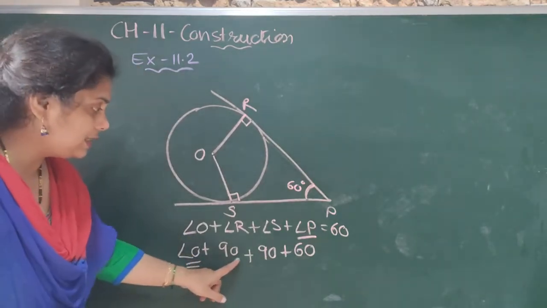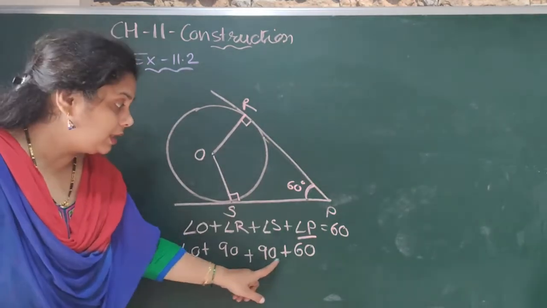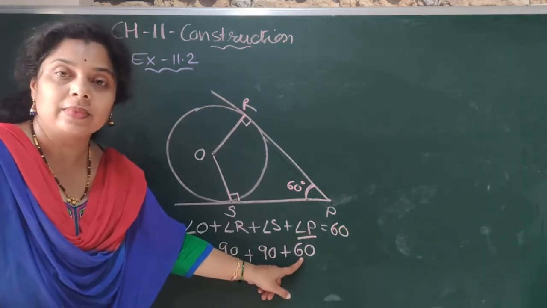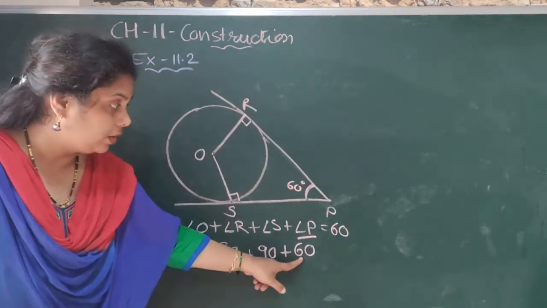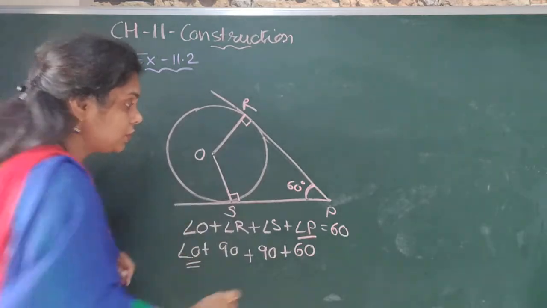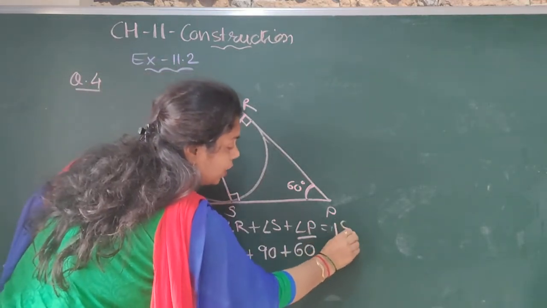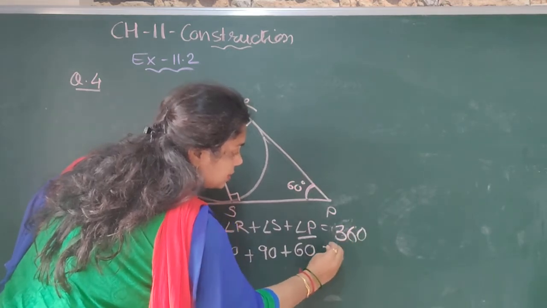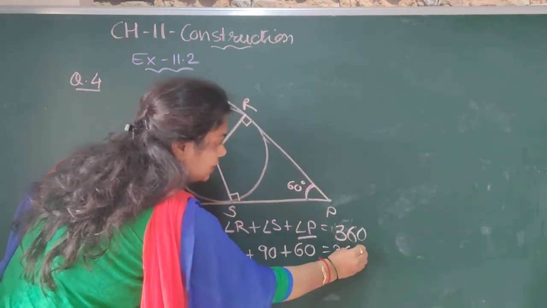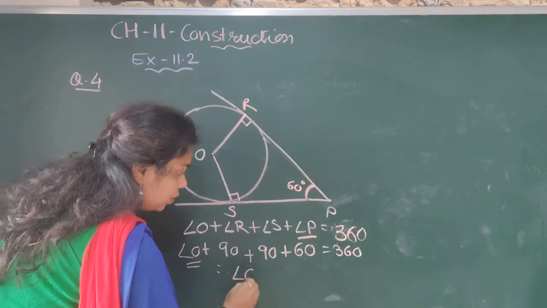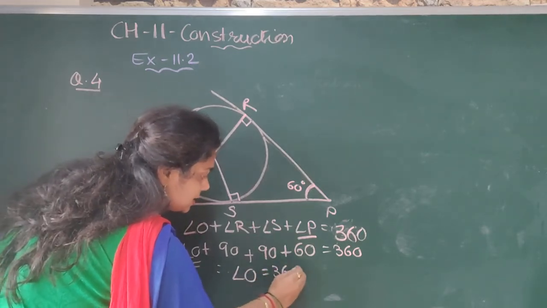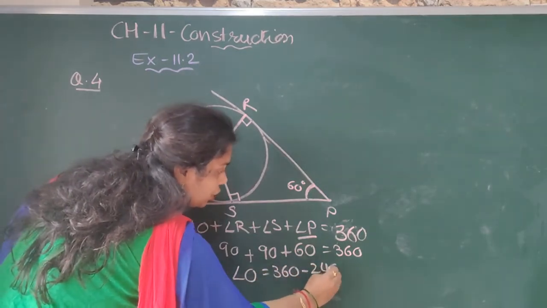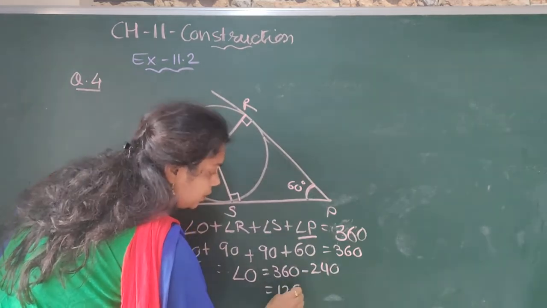So 90 plus 90 is 180. 180 plus 60 is 240. And the total is 360, so angle O is equal to 360 minus 240, which is 120.